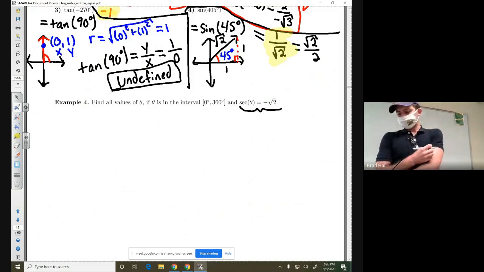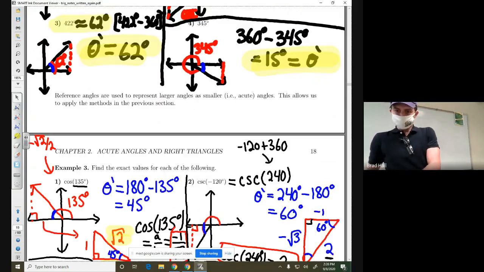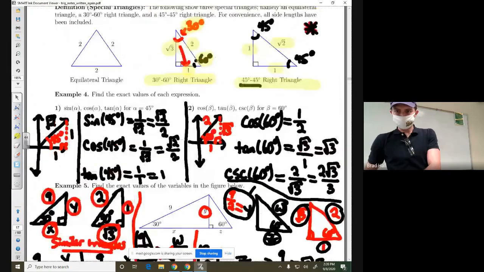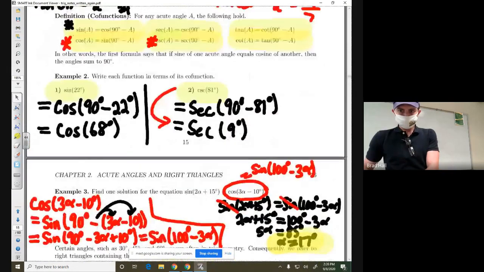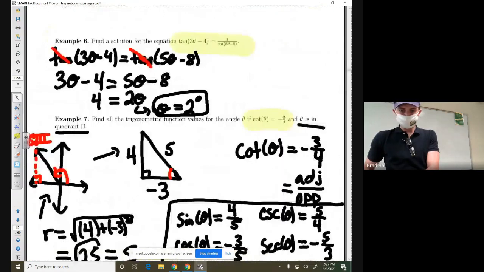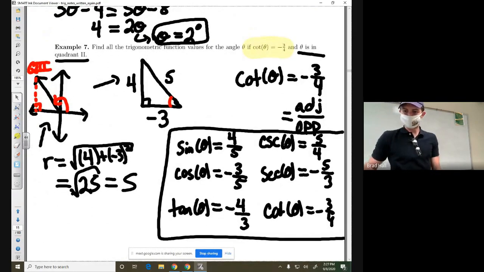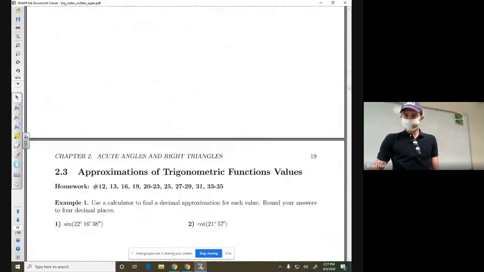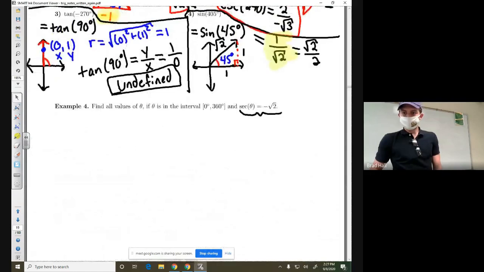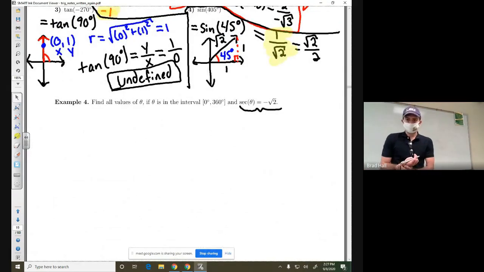And so the first thing I want to think about is that we actually had a problem kind of similar to this before, I remember. Where was it? Oh, we did. I think example 7 might be the closest that I can think of, but in any case, it might or might not jog your memory. But we want to find the quadrant or quadrants for which such an expression is even possible.